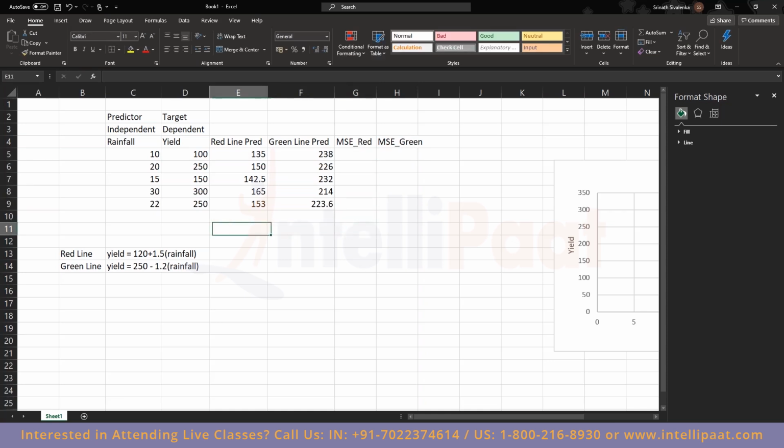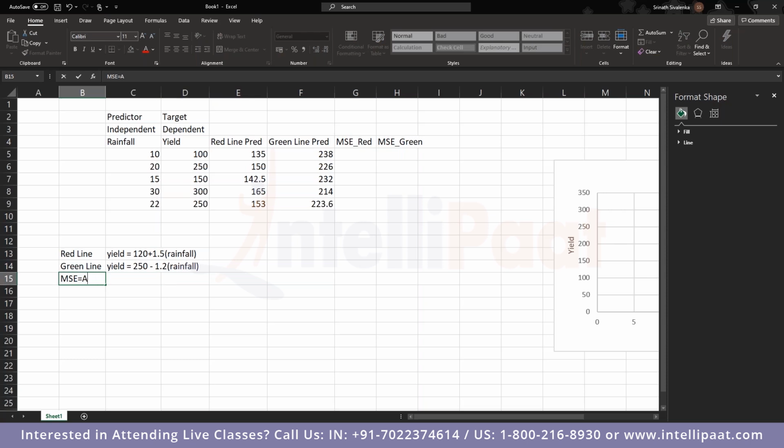So to compute your MSE, it's going to be the average of actual value minus your predicted value, whole squared. That is what your MSE is all about, squared error. So this is my actual value minus predicted value, and then I'm simply going to do a square here.